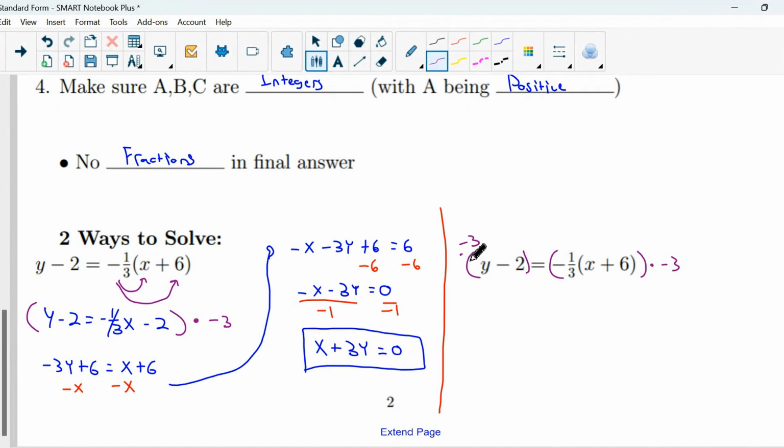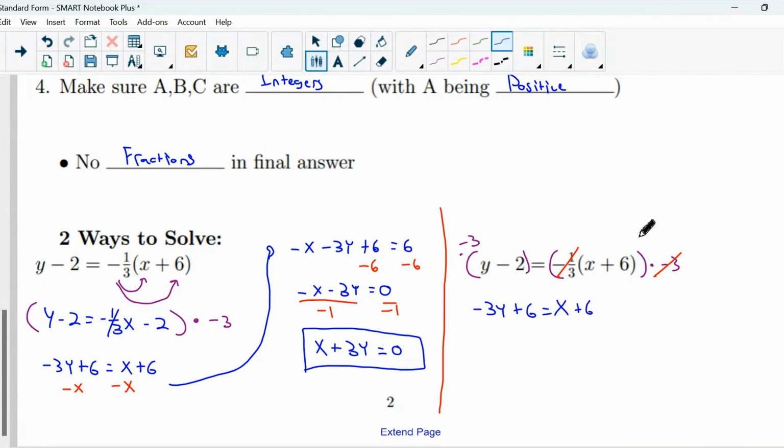So distribute negative 3 to your left side. That gives us negative 3y plus 6 equals, all negative 3 does on this side is cancels out with your coefficient on your parentheses. So that just leaves you with x plus 6.